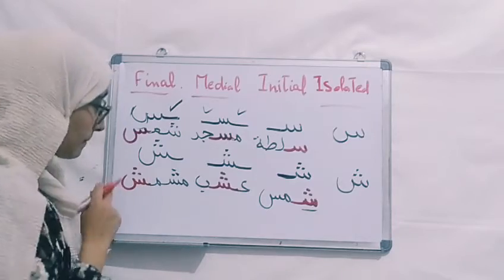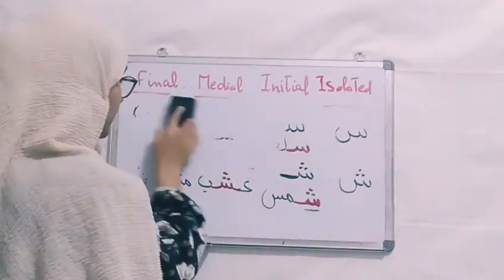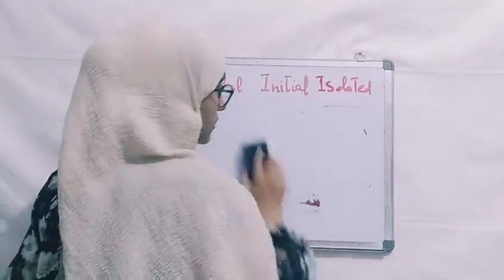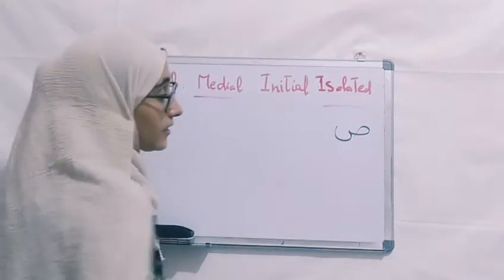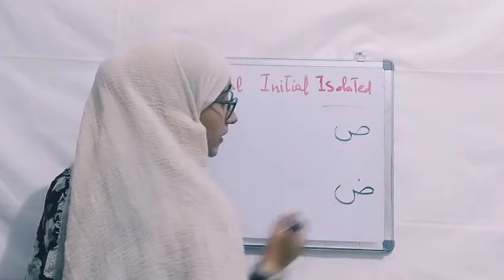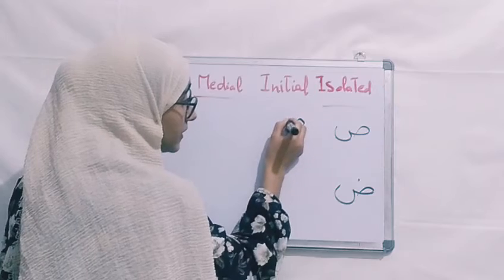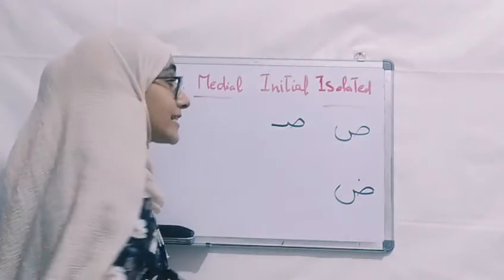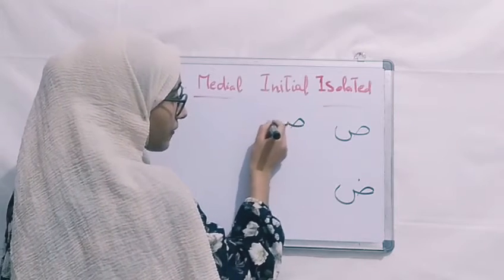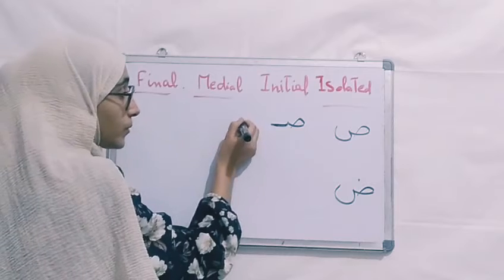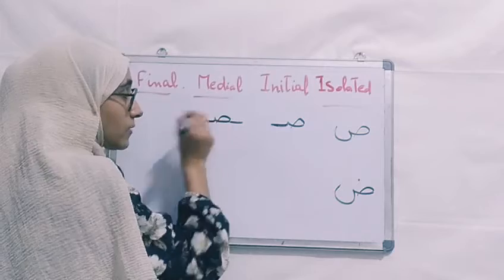Then we have sad and dad. They have the same shape except the number of the dots. Okay, so sad in initial form, you write sad, then you keep the straight line, instead of curving it, because it needs to be connected after. In the middle form, you keep the connecting line, then write sad, then keep the straight.